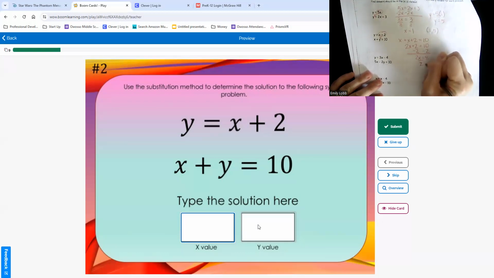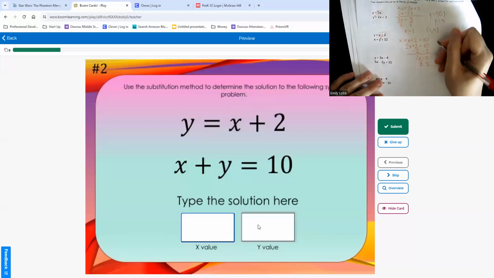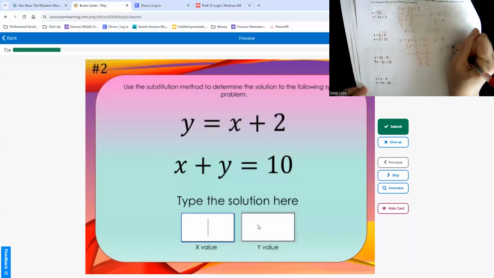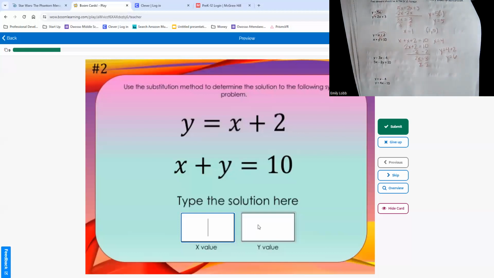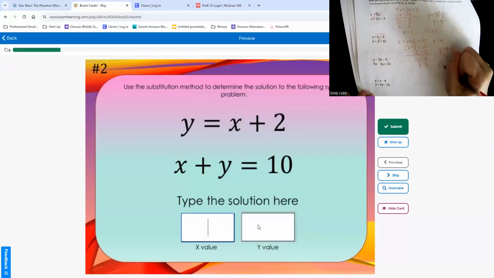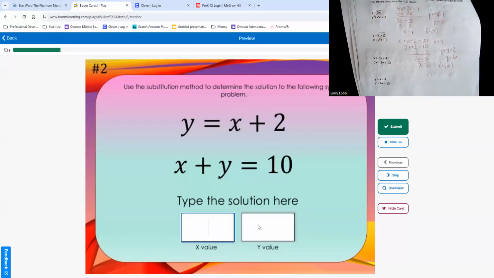So x has to equal 4, which means y is 4 plus 2, which is 6. So this is the point 4, 6. And I wrote way too huge because I know it's smaller on your screen.